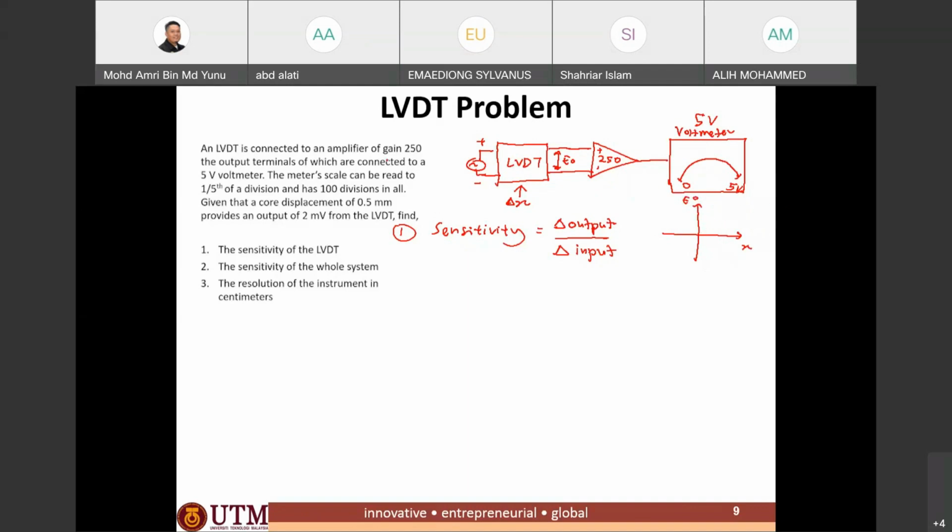So it is only one set of output, which is 0.5. The amplitude of the output is 2 millivolt.